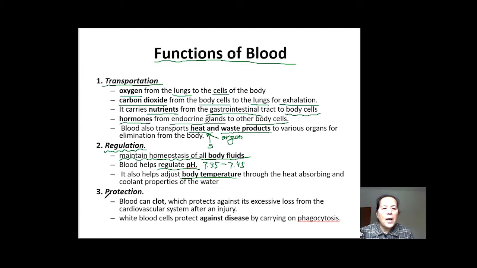And the protection functions. Protection functions, we separate into two parts. One part is protection of the body when injured. When the body is injured, basically people will be bleeding.